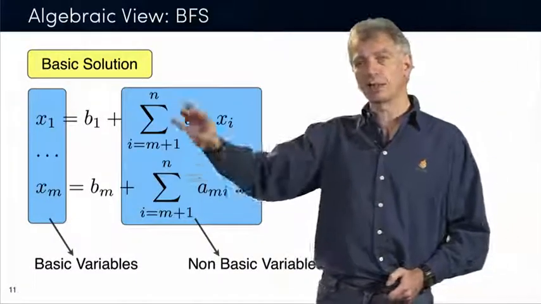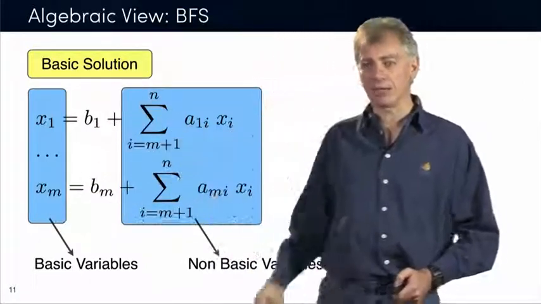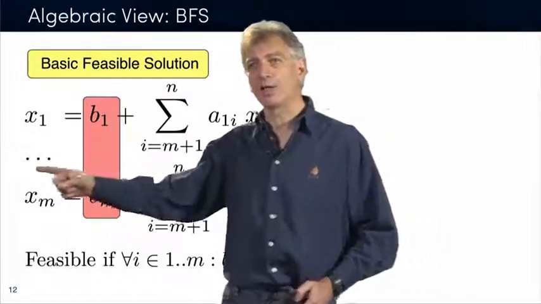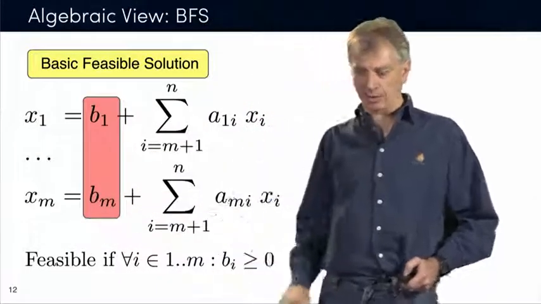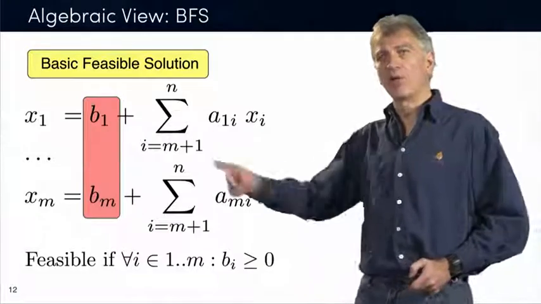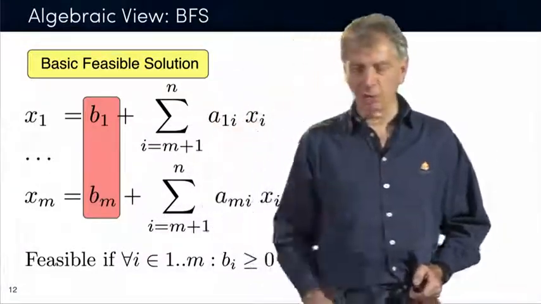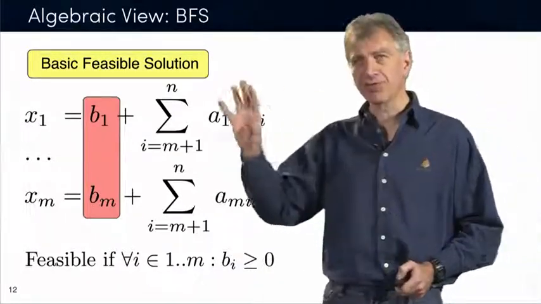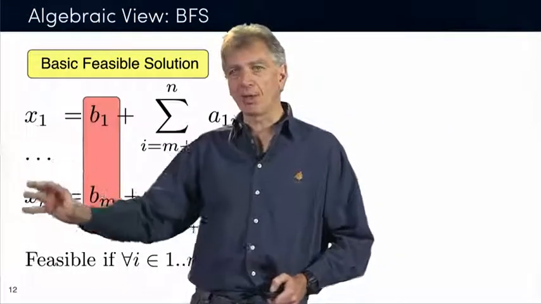All these guys are already 0, but you want to make sure that these guys are assigned non-negative values, okay? And so that means testing when you actually isolate the x1 to xm that these guys are actually non-negative. And if they are non-negative, what you have is a beautiful, fantastic spot. You have a basic feasible solution, okay? So that's what you have here. Okay, so a basic feasible solution is a solution where you isolate some of the variables, x1 to xm.